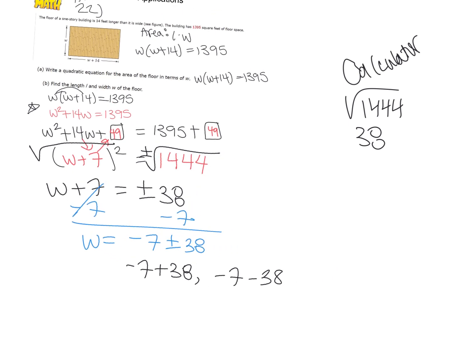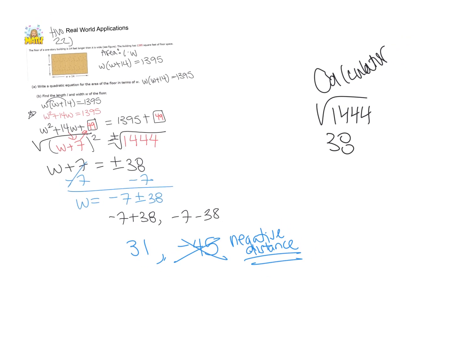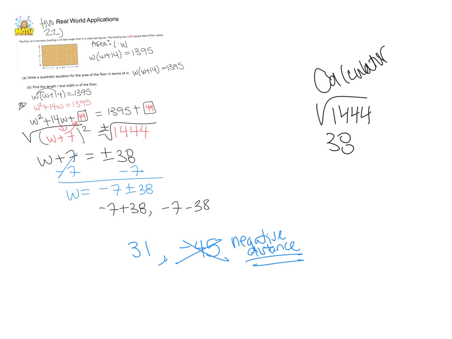When I do negative 7 plus 38, I get positive 31. When I do negative 7 minus 38, I get negative 45. Well, that answer is out because we cannot have a negative distance. So I have to just disregard that answer. I know it's kind of sad. So my solution is actually going to be 31, but 31 is just the width, okay?